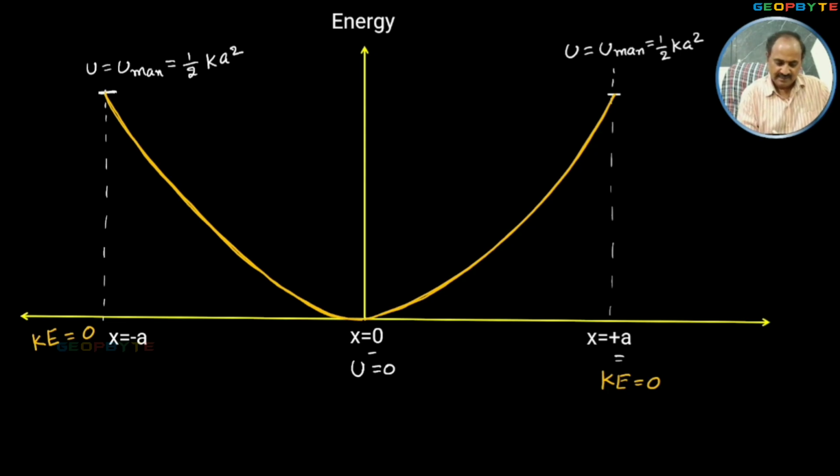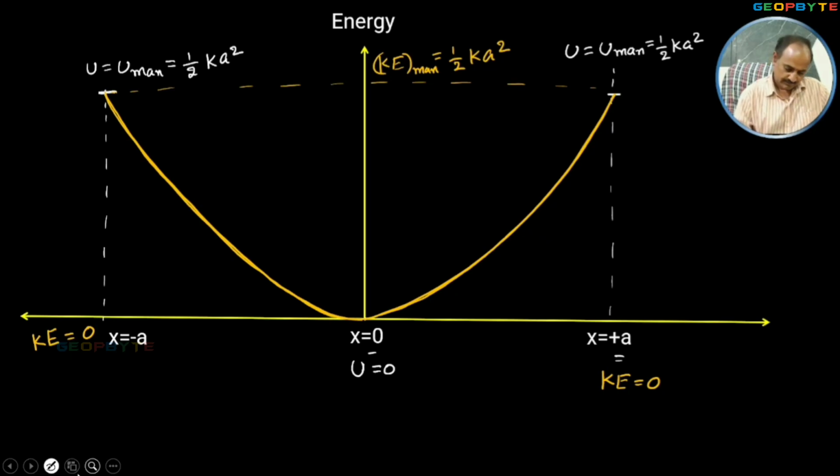And kinetic energy is maximum. Maximum kinetic energy equal to half k a square. KE becomes maximum, that is equal to half k a square at the mean position. Then the kinetic energy is changing like this.